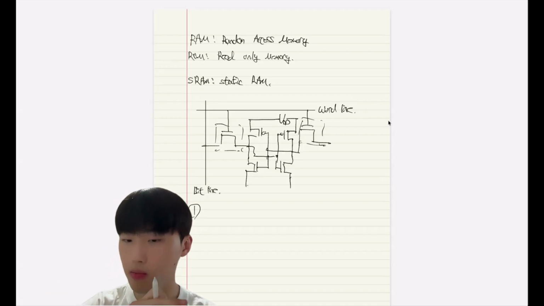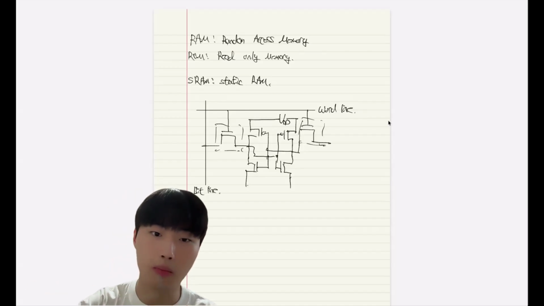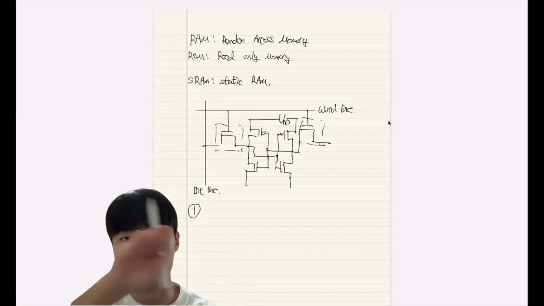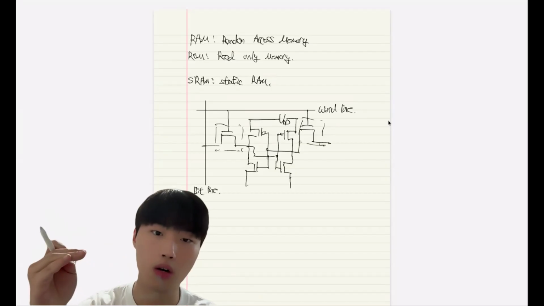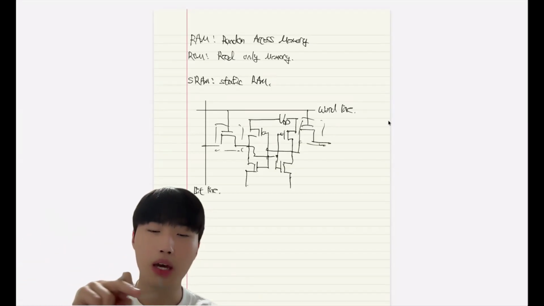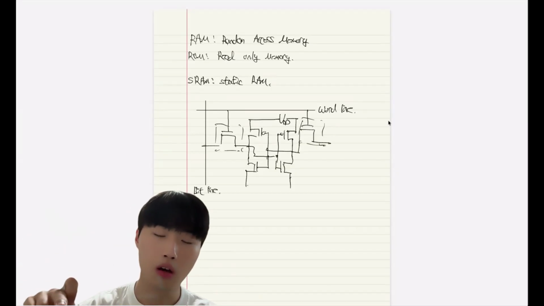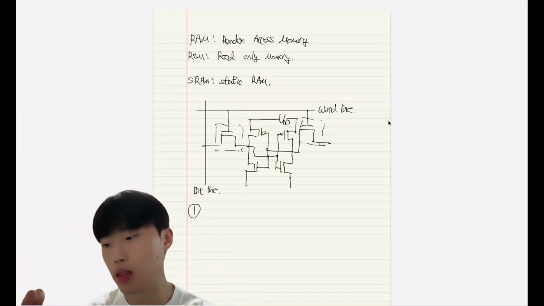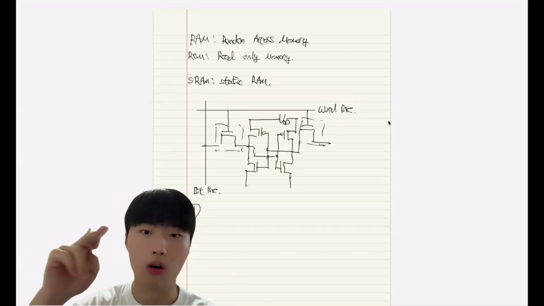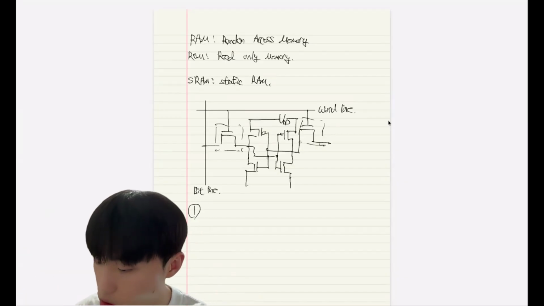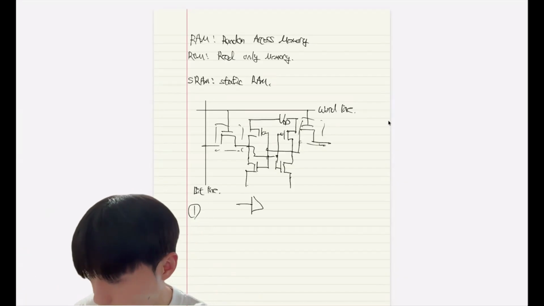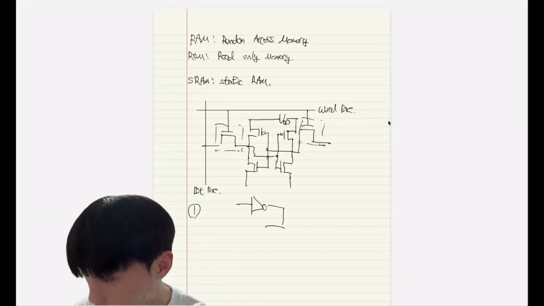When we put 0 or 1 on the bit line, it goes through the switch, because the switch is now turned on, and it goes to the two CMOS, which are two inverters. So it looks like this.